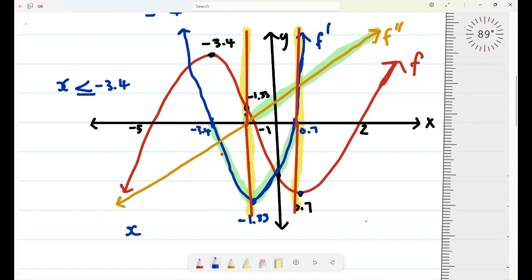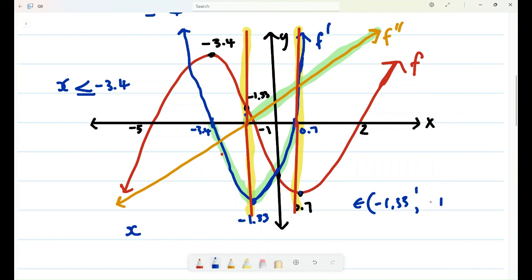This coordinate here. Now I'm going to say between -1.33 and 0.7 for now. It is where I want my f prime to be positive and my f prime prime to be negative.